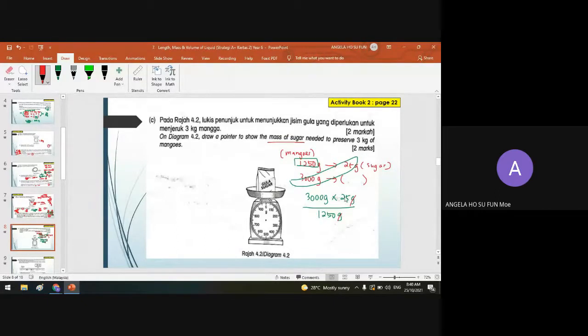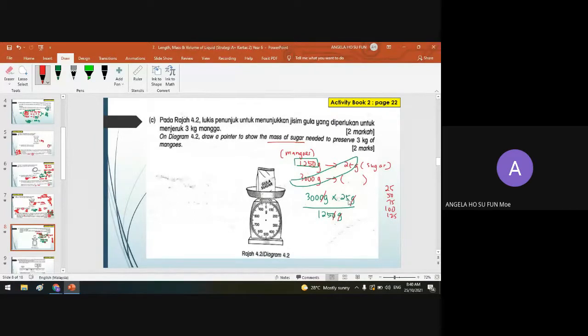So you can see 25 and 1,250. Okay, before that, I can cancel one 0 of this with one 0 here. So you can see now 25 and 125, there's a link. If you know the timetable of 25: 25, 50, 75, 100, 125, and after that 150.